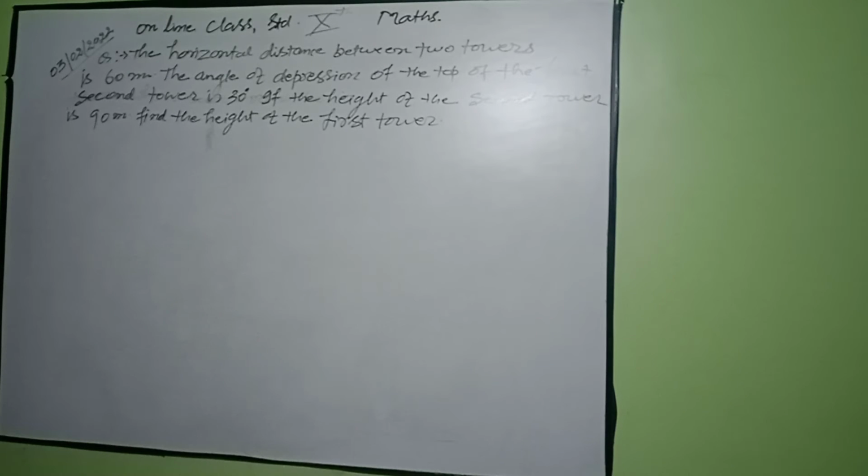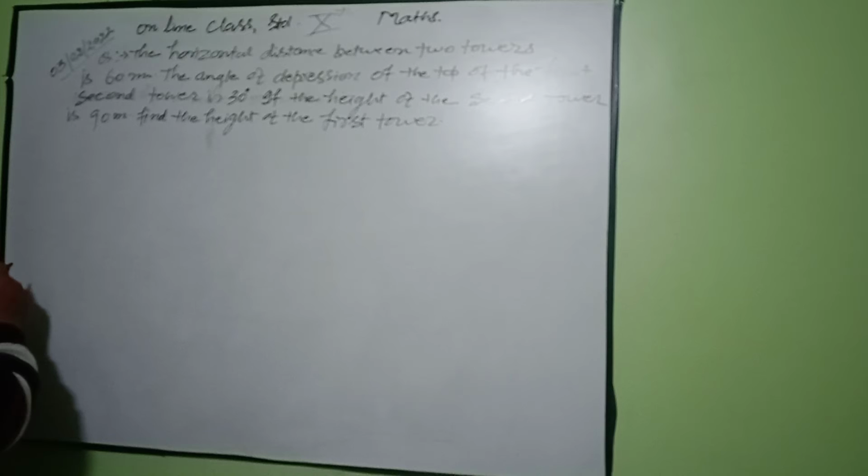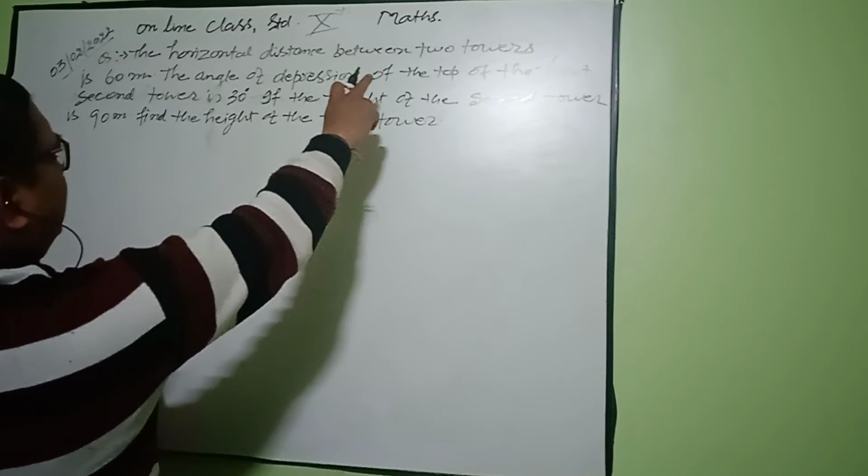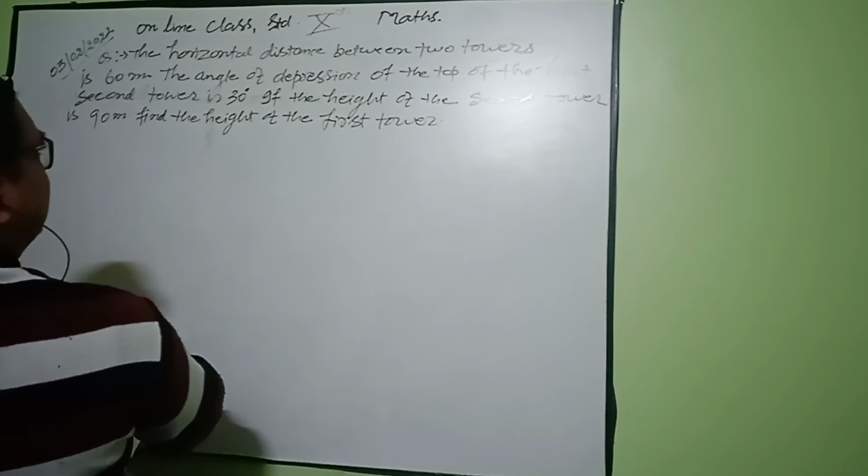The horizontal distance between two towers is 60 meter.